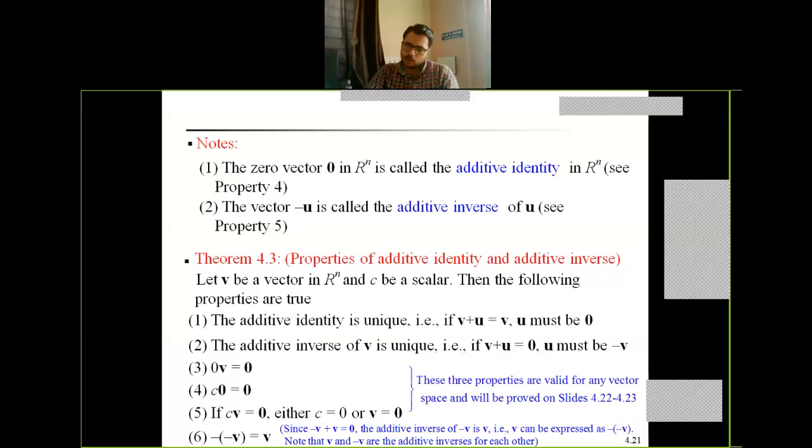Because while we see these 10 axioms, every axiom needs to be satisfied by your vector space, and only then will we call that space a vector space. These properties are the axioms only, okay.